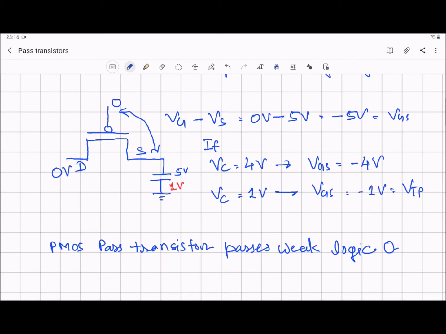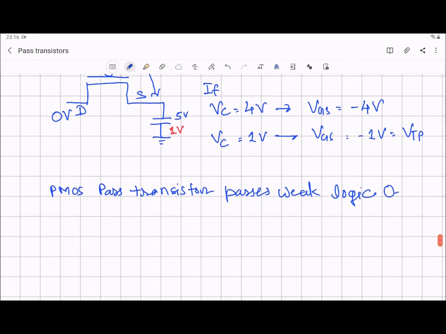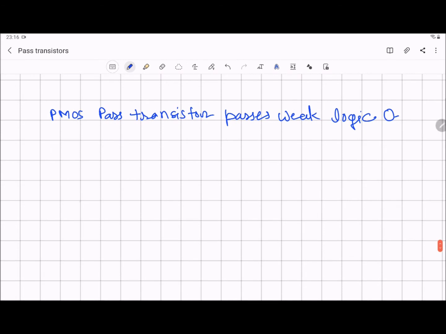Now let us see what happens if I connect pass transistors in series as shown in the figure. So I am taking 3 pass transistors, but you can take any number of transistors, let us say n transistors, and we will see how exactly it is going to work.